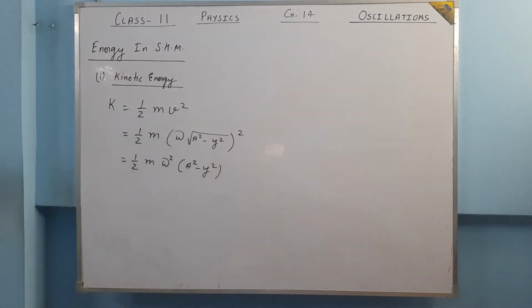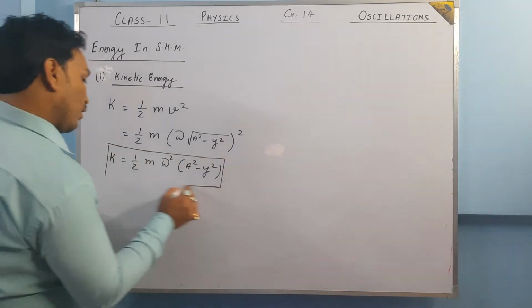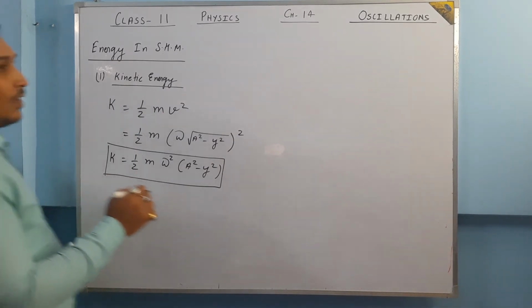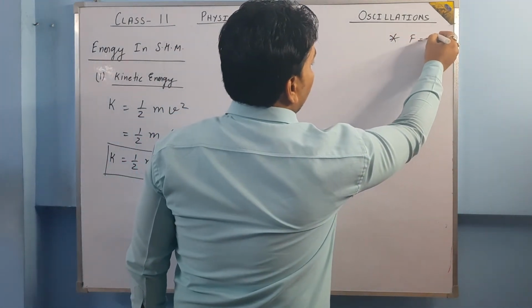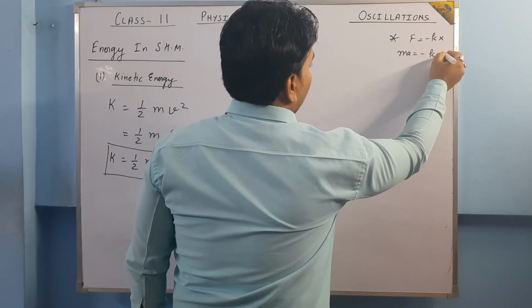This can also be considered a formula for kinetic energy, and we'll place the value of omega also. From where does the value of omega come? If you remember, F was equal to minus kx. So F is equal to ma, which is equal to minus kx.